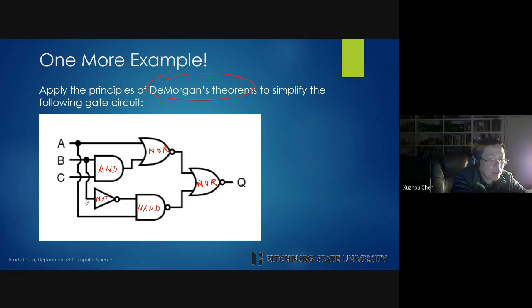Then you need to figure out. So here's A, here's B. So B and C. So you got a B and a C, right? That's the output here. And then the NOR gate here.